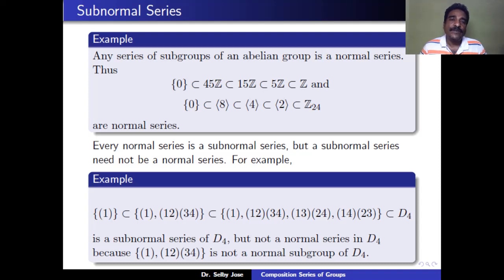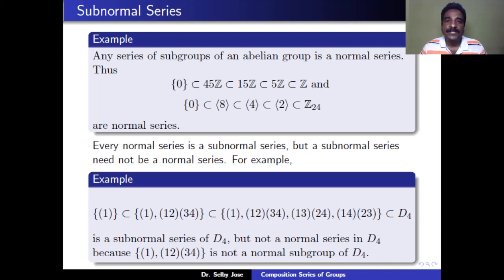Now consider a finite group, for example Z24, which is a cyclic group of order 24. Suppose we consider the cyclic subgroup generated by 2. That group contains how many elements? 12 elements, namely 0, 2, 4, 6, 8, 10, 12, 14, 16, 18, 20, 22.